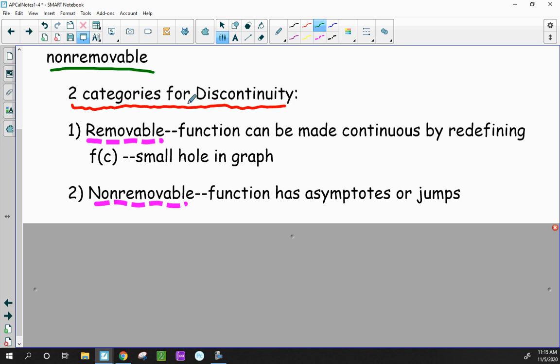So the two categories for discontinuity: number one, it's removable if the function can be made continuous by redefining f of c, or a small hole. If there's a small hole in the graph, it's removable. Number two, non-removable. That means the function has asymptotes or jumps.